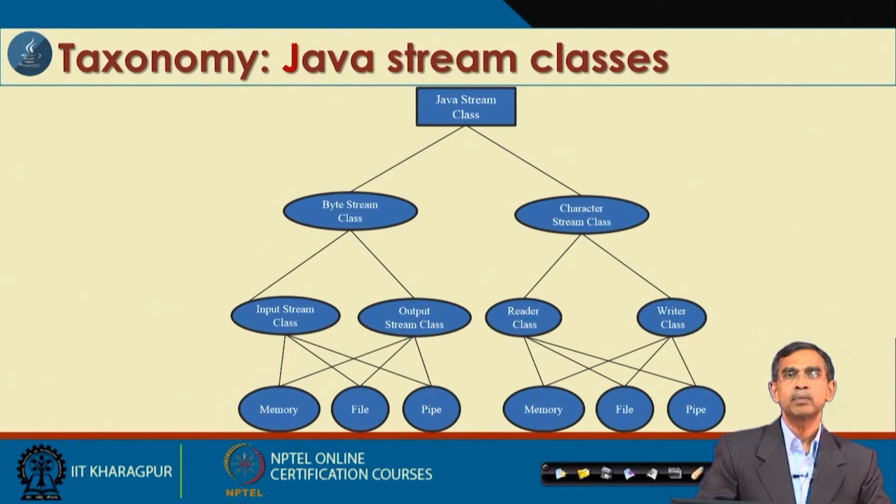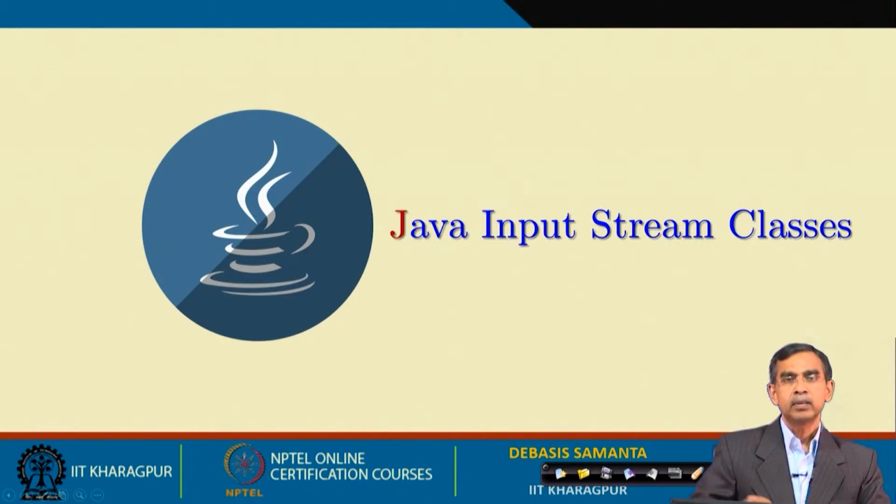Essentially, all these classes deal with different sources for input as well as output, like memory, file, and pipe. Now, pipe is basically related to the network channel. Let us discuss each class individually one by one.